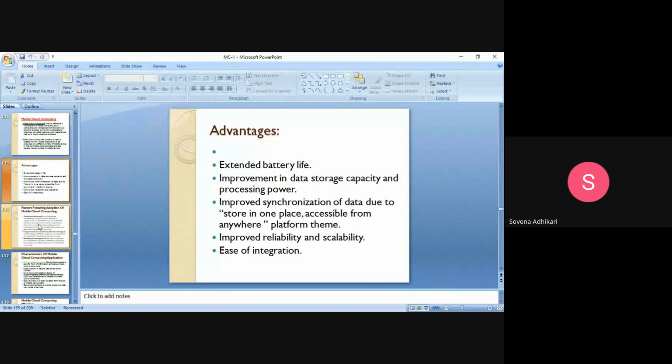Improved synchronization of data, because data is stored in one place and accessible from anywhere. Any change in data can be viewed anywhere. Improved reliability and scalability, so it is more reliable, and integration is also easy.